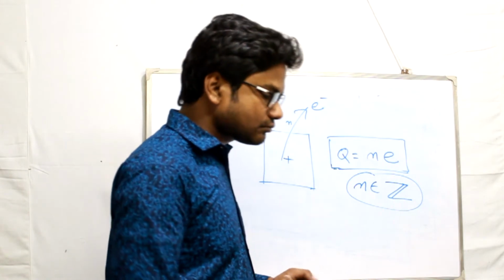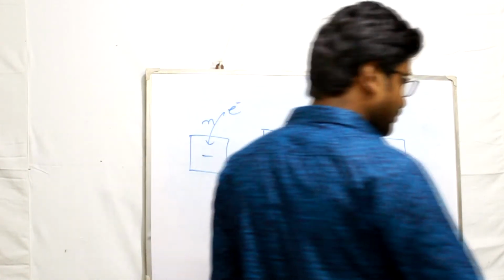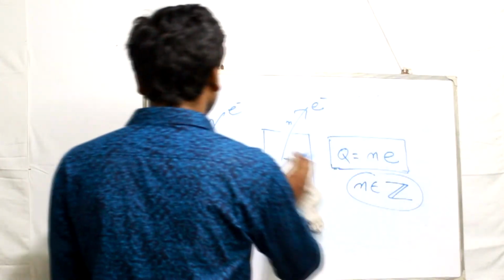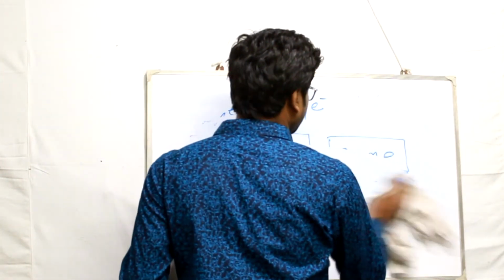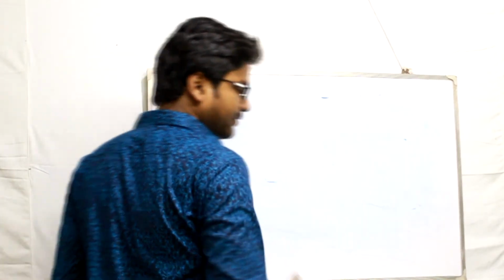Now we'll learn the conservation of charge. What does conservation of charge mean? It means that if there is a physical system that has some amount of charge Q, no matter whether it is positive or negative, the total amount of charge in that system is always constant.